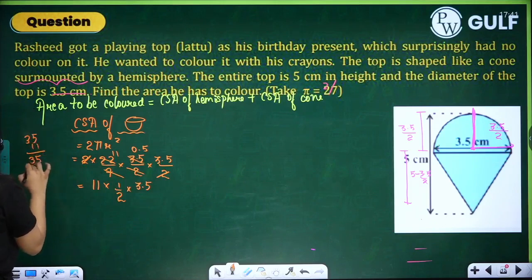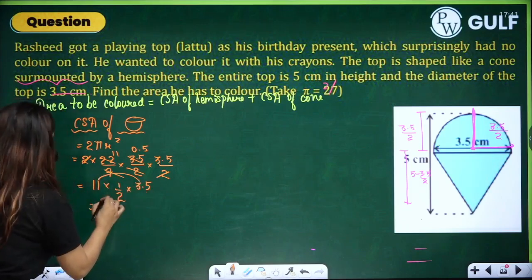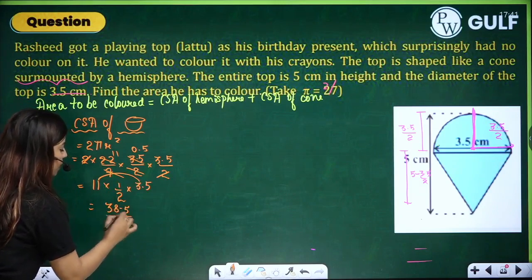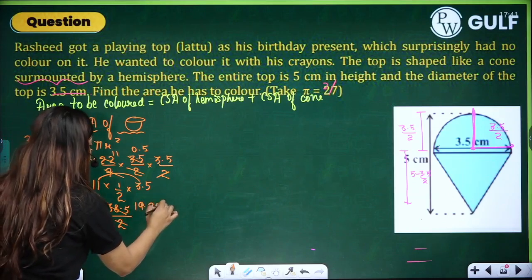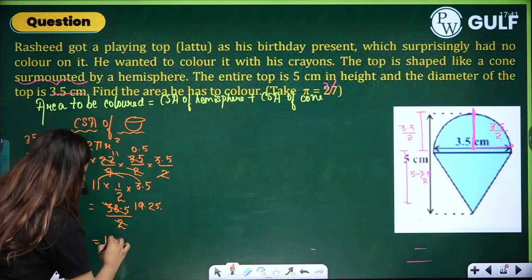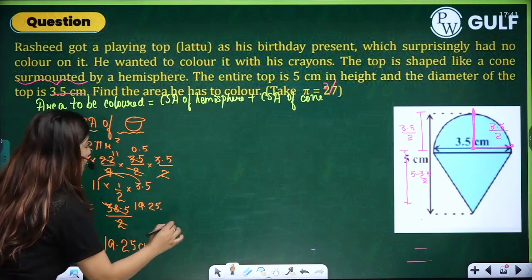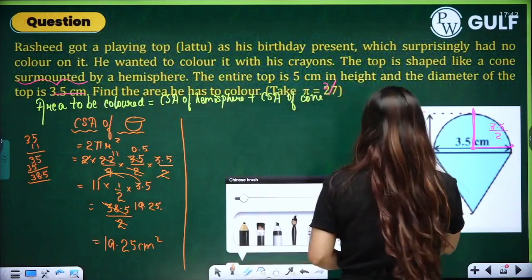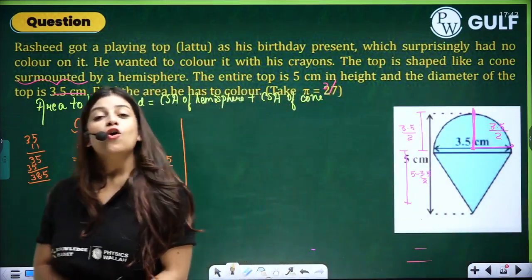So 11 into 3.5 is 38.5, divided by 2, and you will get 19.25. So basically the curved surface area of the hemisphere comes out to be 19.25 centimeter square. The next thing we have to calculate is what, students?